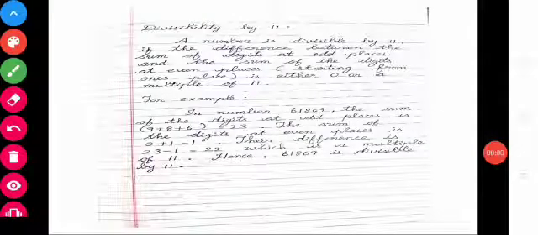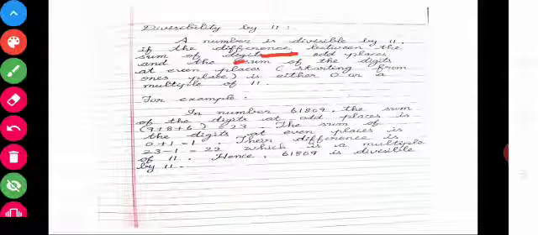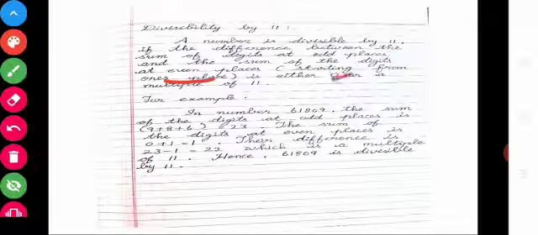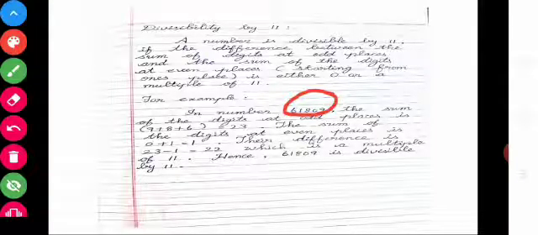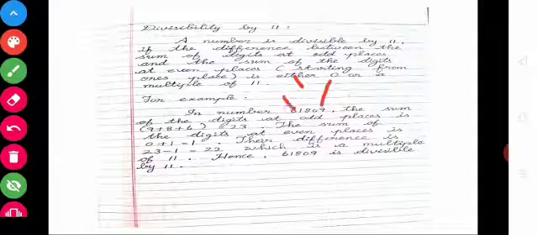See the next one, divisibility by 11. A number is divisible by 11 if the difference between the sum of digits at odd places and the sum of digits at even places starting from ones place is either 0 or multiple of 11. See the example, 61,809. The sum of the digits at odd places. That odd place, what is the number? 9, 8 and 6.